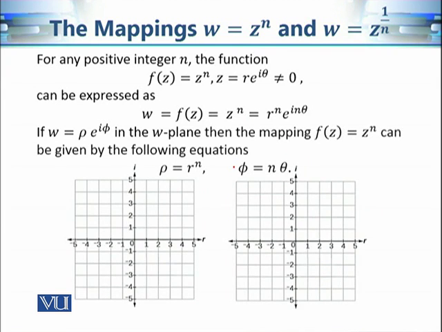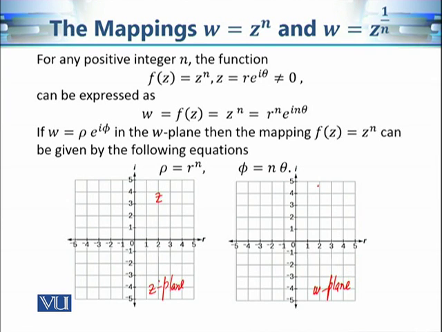So these two equations, rho is equal to r raised to power n and phi is equal to n theta, describe this function f of z is equal to z raised to power n, or the nth power function. Given any complex number z in the z plane, we can calculate its image in the w plane by using these two equations.